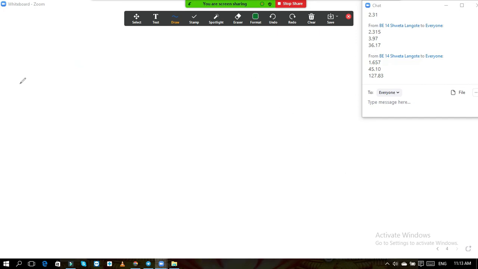So we will put the values. Ast is equal to 0.5 into fck is 20 into b is 1000 into d is small d, which is 180, whole divided by fy.